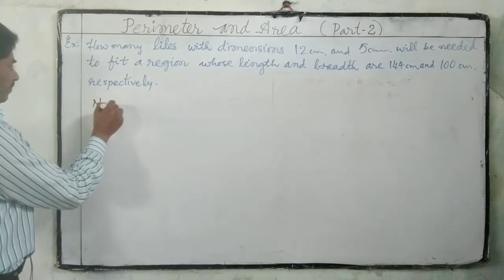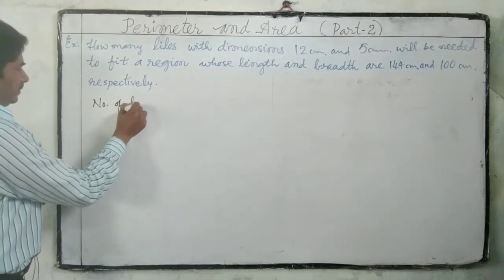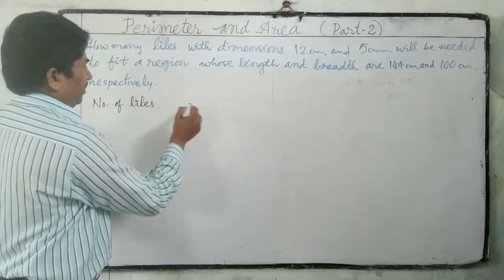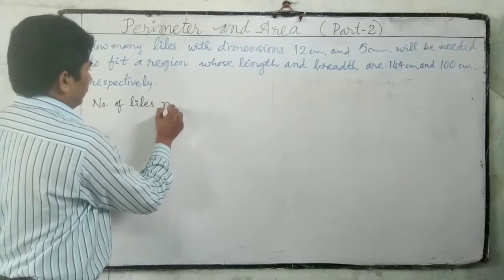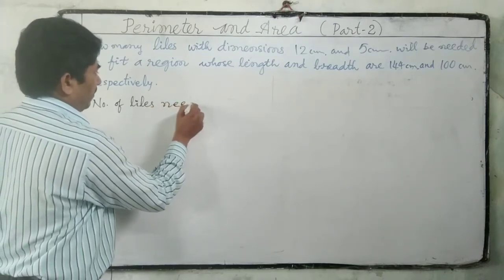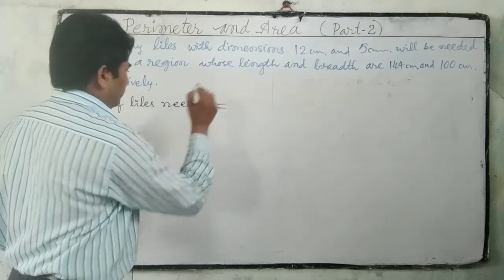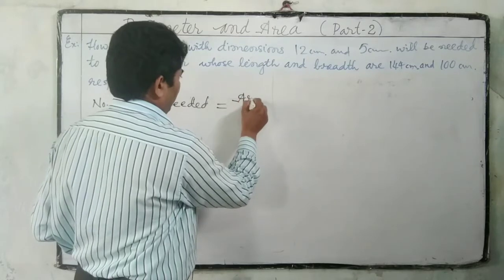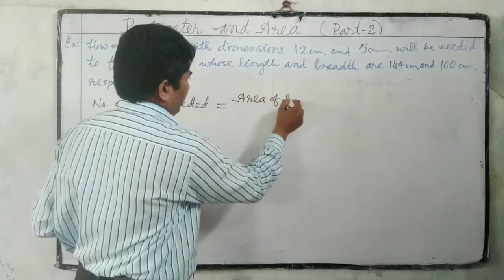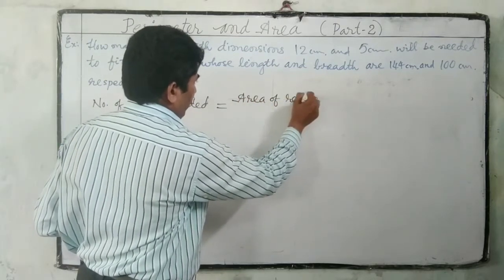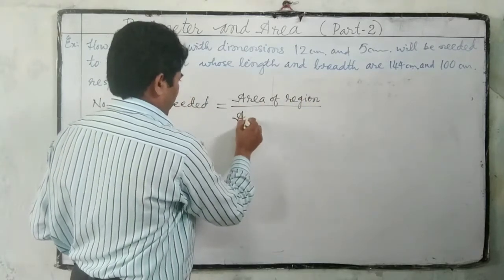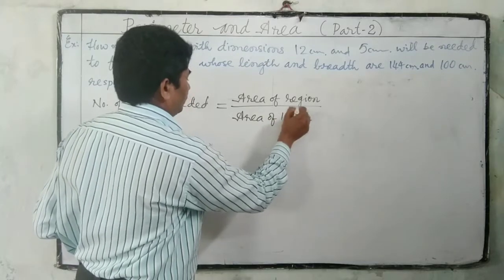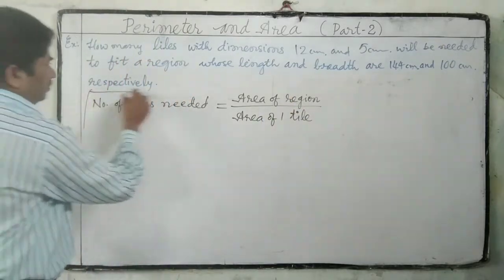Number of tiles needed or required is equal to area of region by area of one tile. So this is the formula.